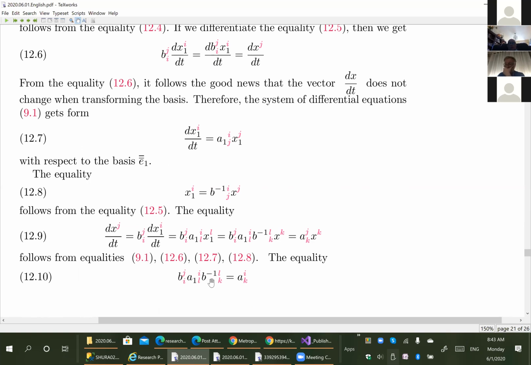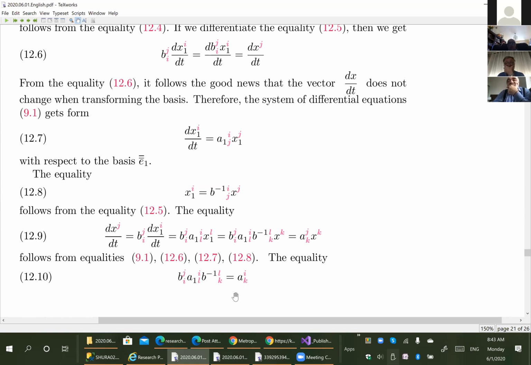But what is important? In the commutative case, there is no change for eigenvalues, because I need to take the determinant of matrix A minus lambda E, and this determinant does not change when I use matrix B and B to the power minus 1.